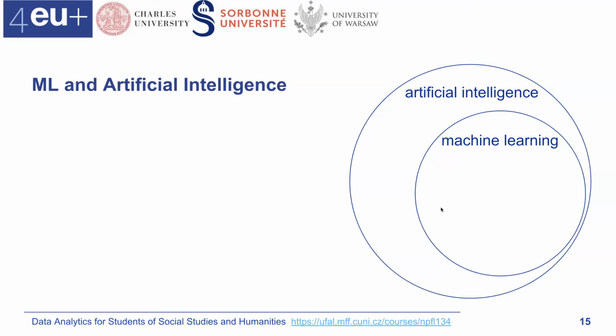So machine learning is a data-driven approach. Sorry, it is a subset of artificial intelligence. Machine learning is primarily concerned with building models, using algorithms, learning knowledge hidden in the data.